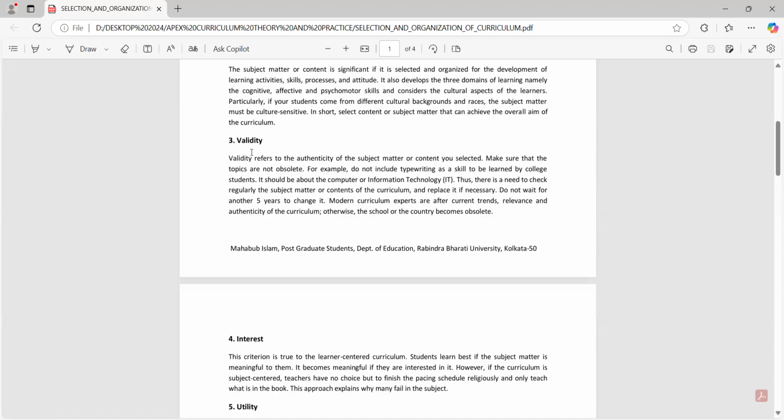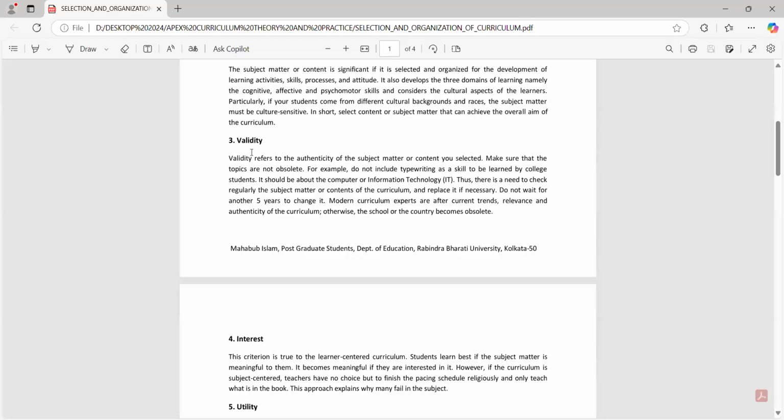Real life means in workplaces, in adult education, where they can be used. That knowledge is important. So the content or subject matter you select should be very authentic. It should represent real life, and it should not be obsolete, that is, outdated.